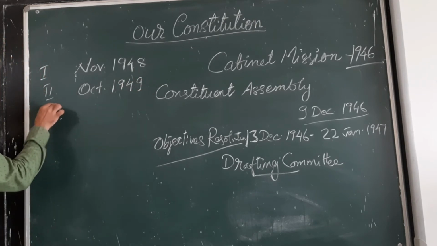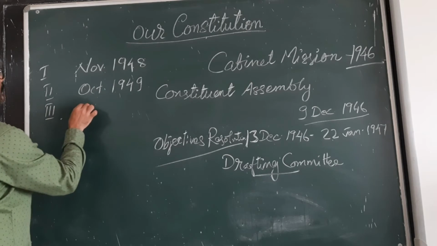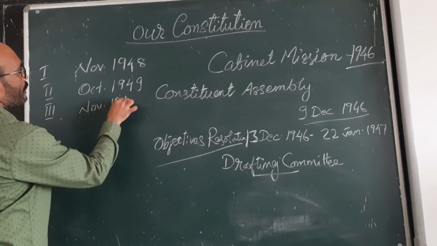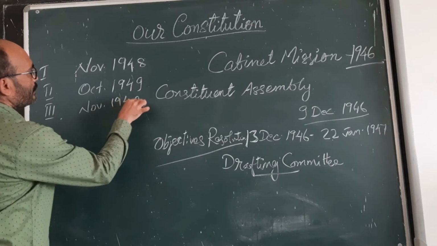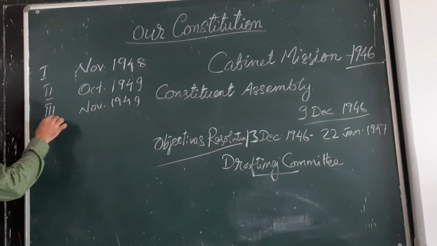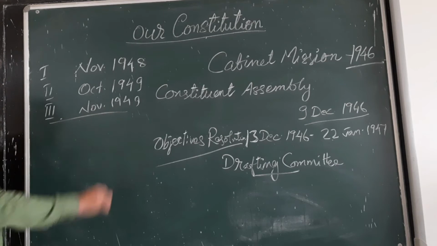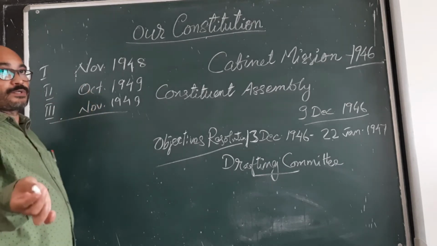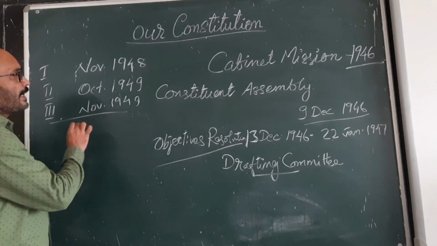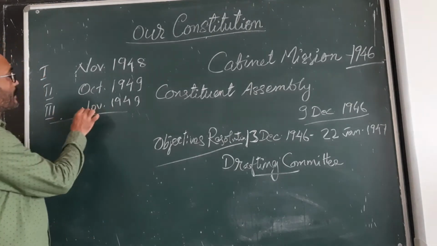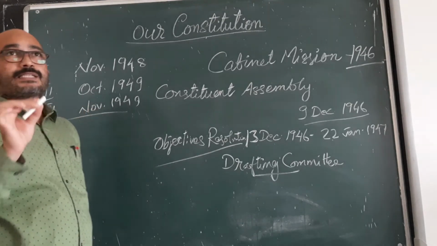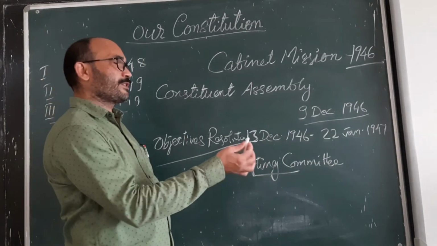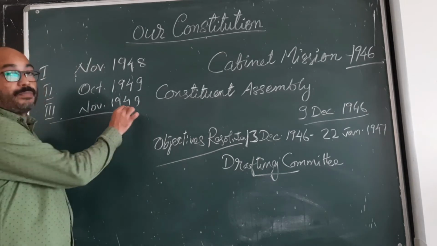And the third reading was in November 1949. In November 1949, our constitution was passed. This means the members of the Constituent Assembly agreed and signed on the constitution in the third reading, and after getting their signatures, the Constitution was passed.